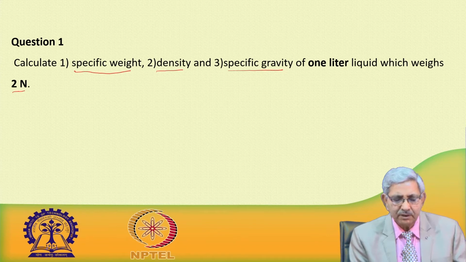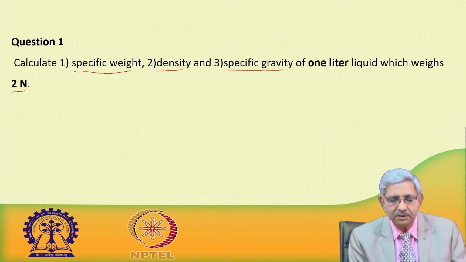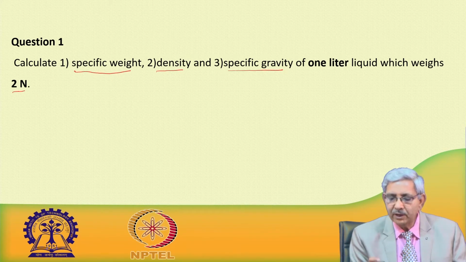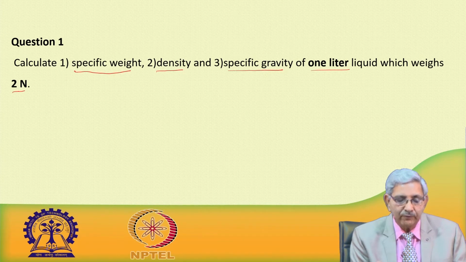So, basically in this question we are given 1 liter of liquid and its weight, and we will find out these 3 properties of this liquid, and this is basically unit conversion.